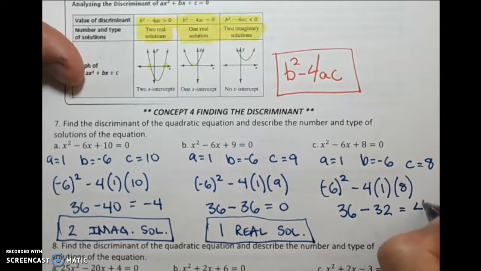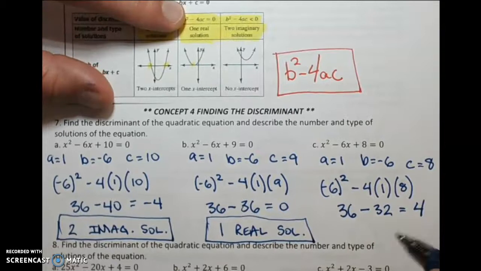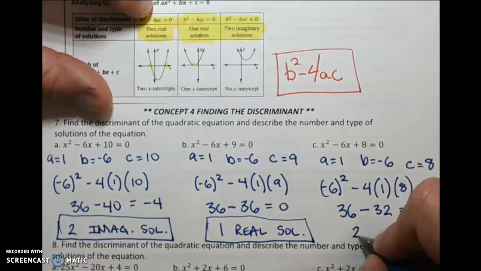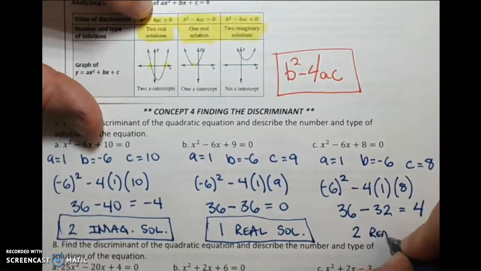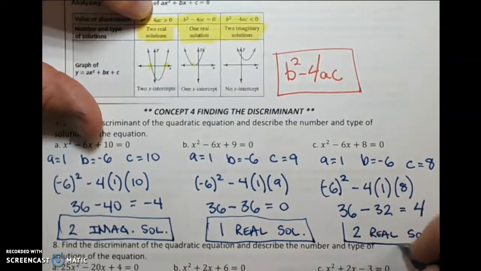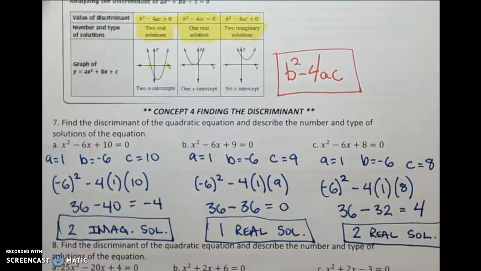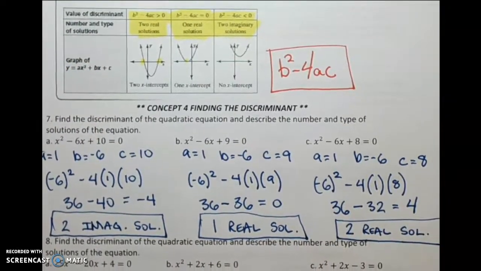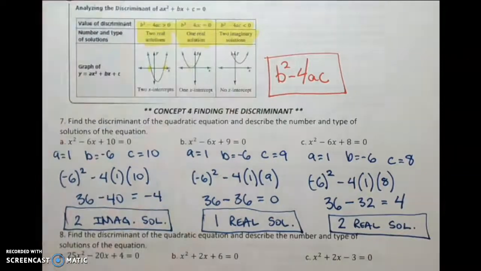That is positive 4. And then this time, since I have a whole number greater than 0, I get 2 real solutions. Voila. Alright. There we go.